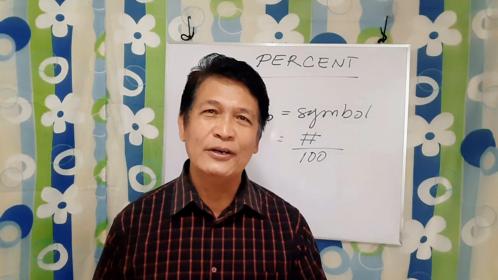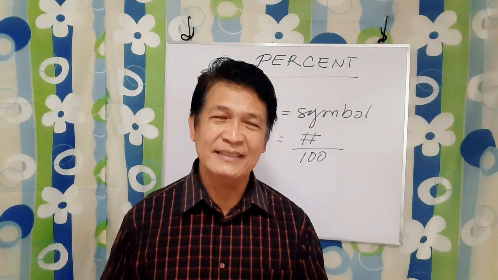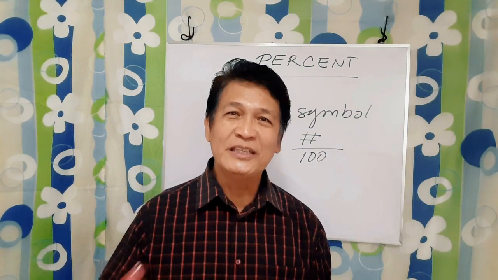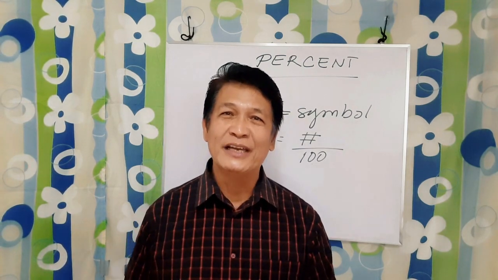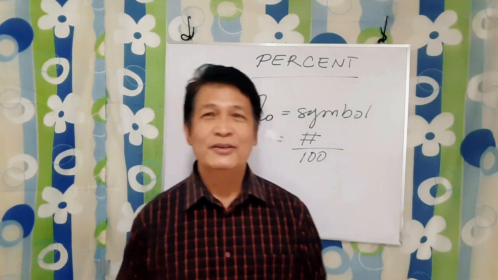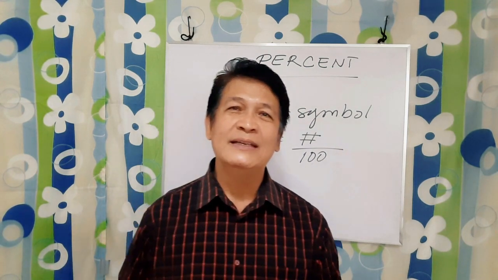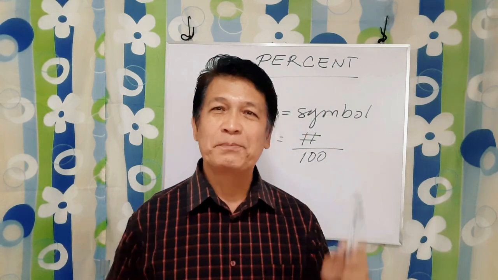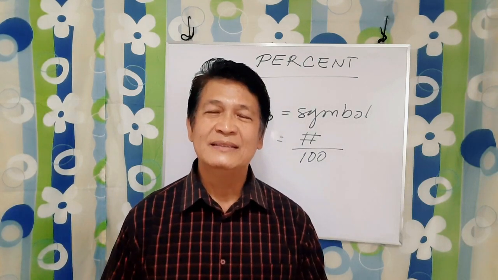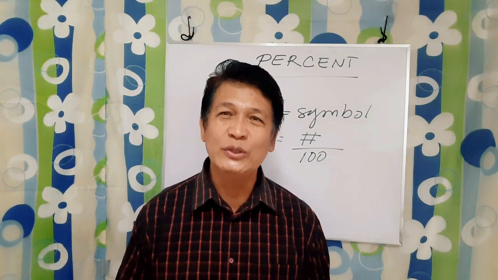So you're talking there of certain percentages. And for senior citizens, they are entitled to a 20% discount on their food or their medicines as well. You see, we are encountering percentages in our daily lives. So you see now, we use percent in whatever business or whatever we do.